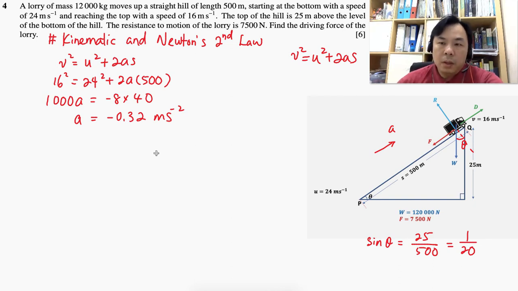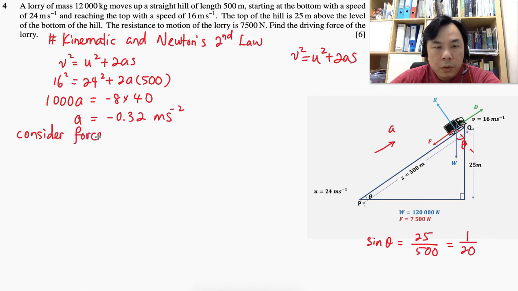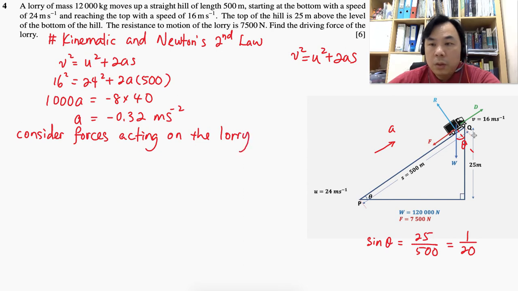So once we have done that, now we can consider forces acting on the lorry. Okay, consider the forces. Here it include driving force, frictional force, the weight, and then the normal force in this case.